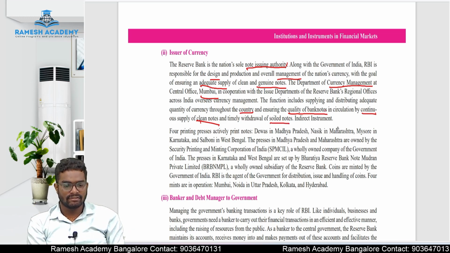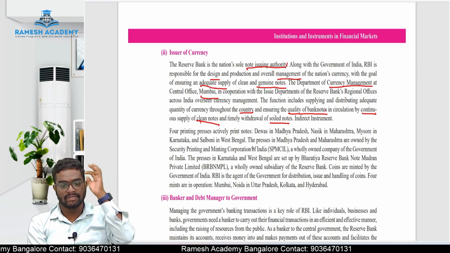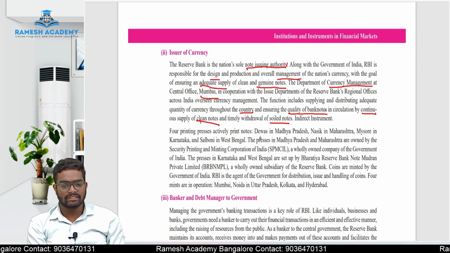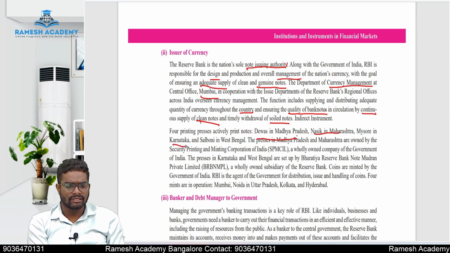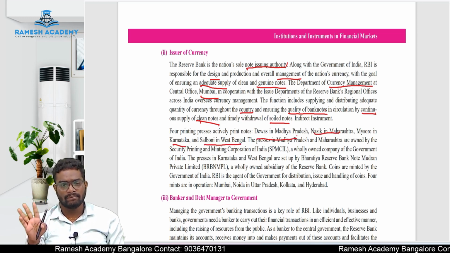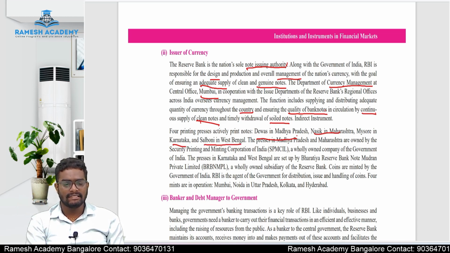There are 4 printing presses that actively print notes. So there are only 4 branches responsible for printing the notes. First one is Dewas in Madhya Pradesh, Nashik in Maharashtra, Mysore in Karnataka, and Salboni in West Bengal. So only at these 4 places will the currency be printed.